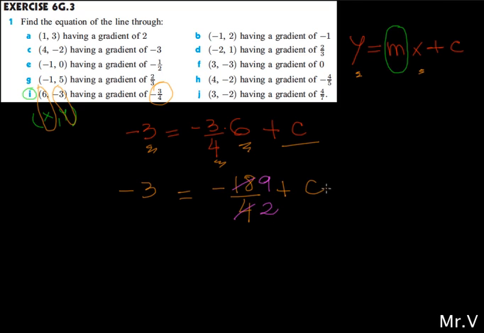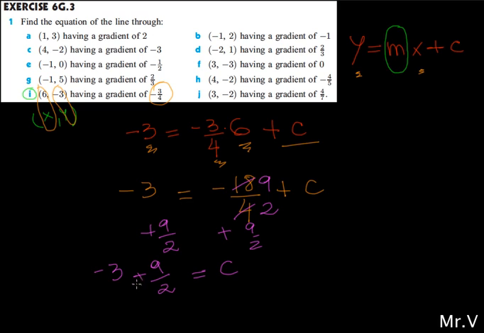Okay, so now I isolate c by removing the fraction -9 over 2, by adding 9 over 2 on both sides. Three plus 9 over 2 equals c.